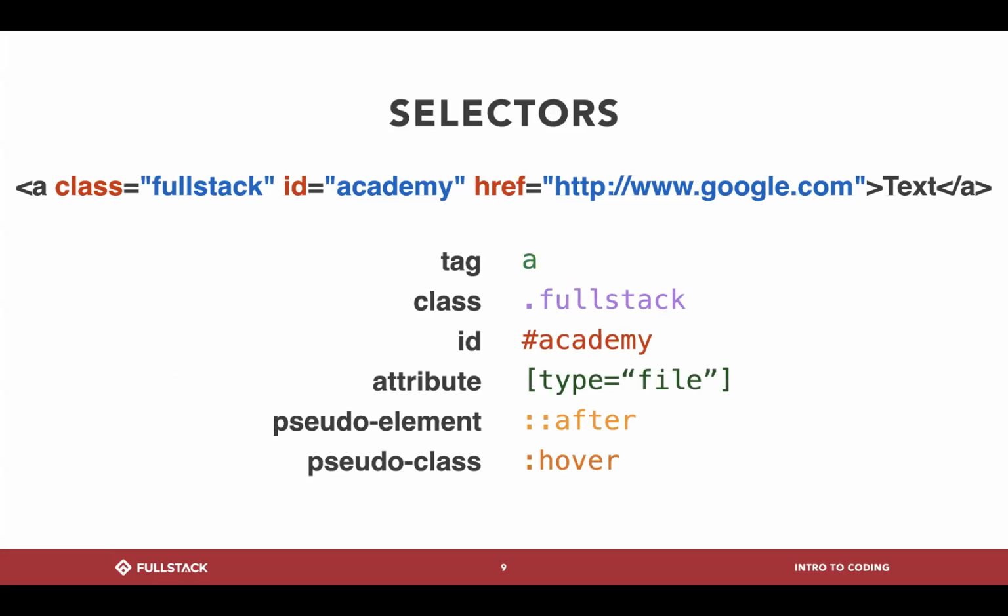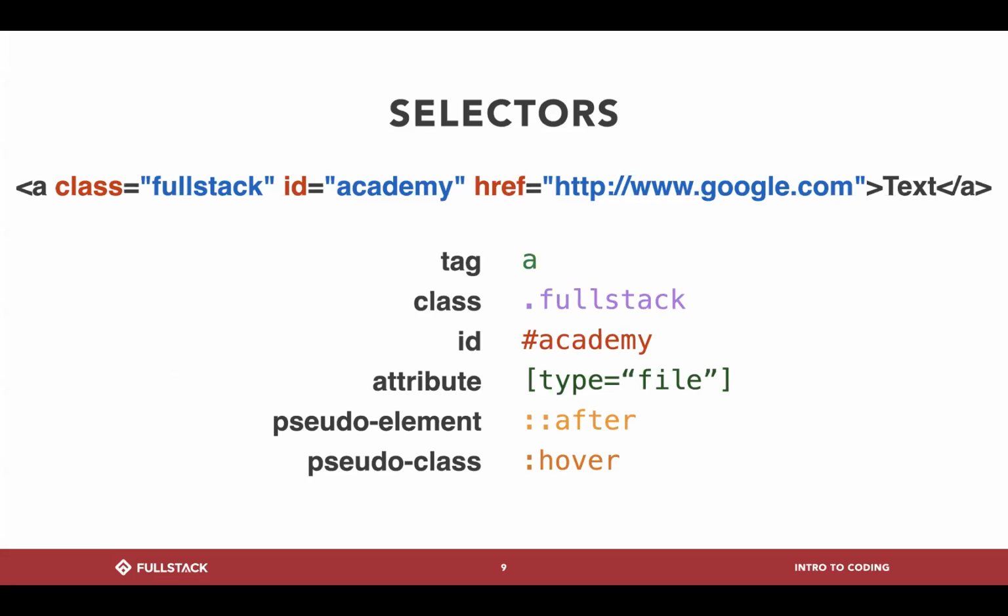Tags are HTML elements. It's the exact same thing as the way that you would write an HTML element without the greater than or less than symbols. So here we can see up at the top that there is an anchor tag, a link, right?